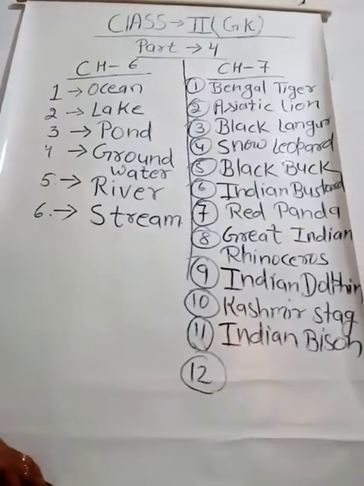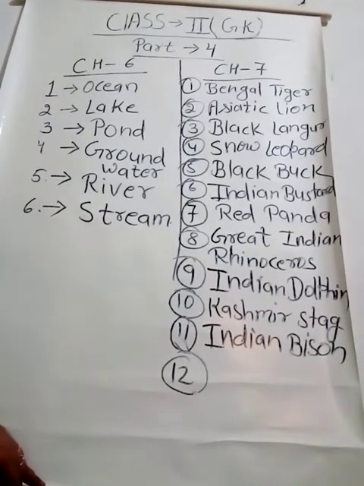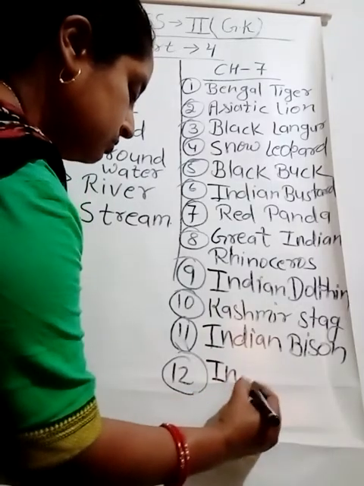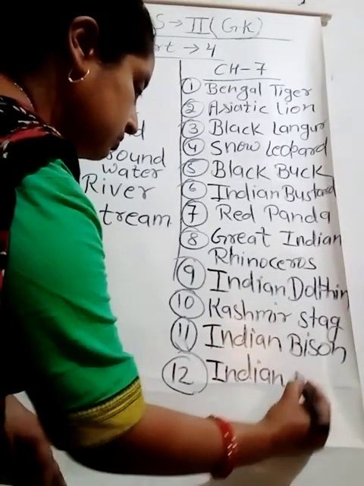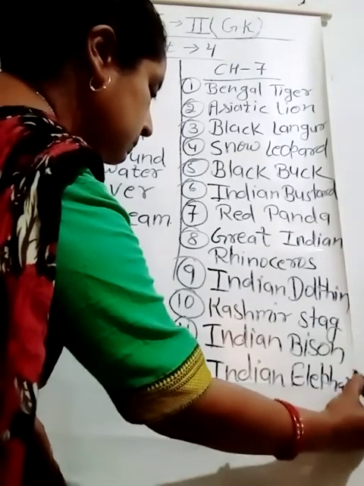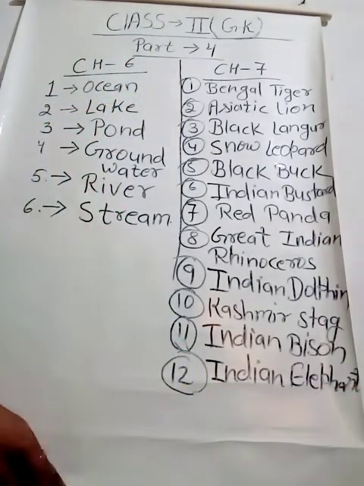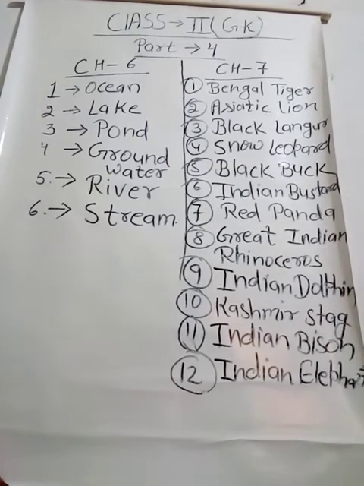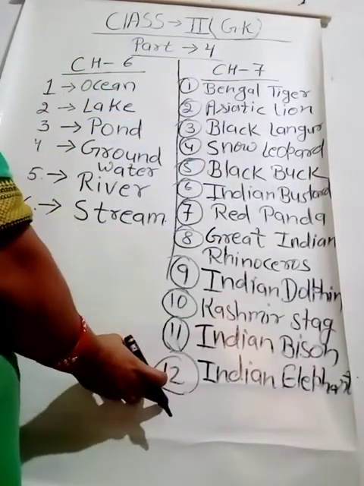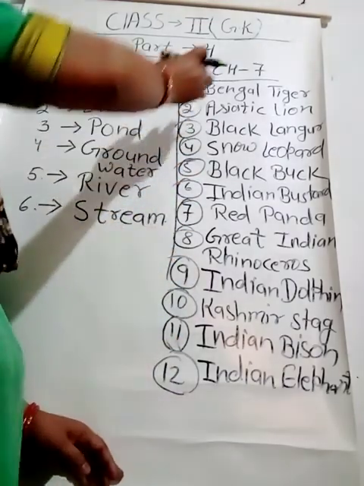Number 12, what is this? Indian elephant. So these are the different animals which are in danger, and different associations are trying to save them.